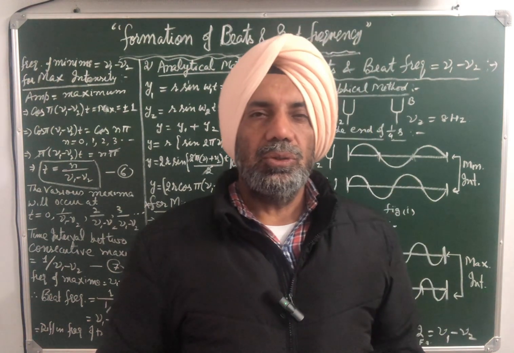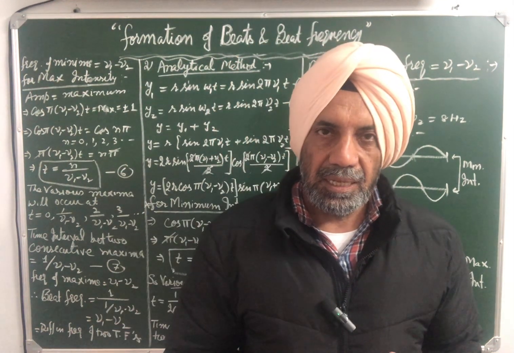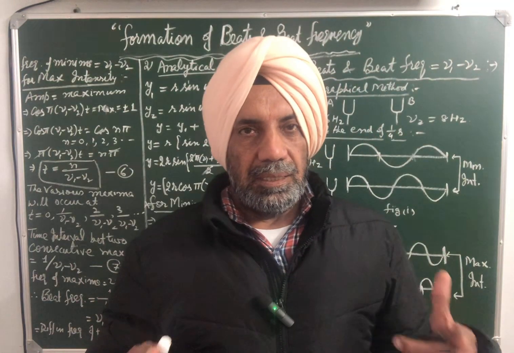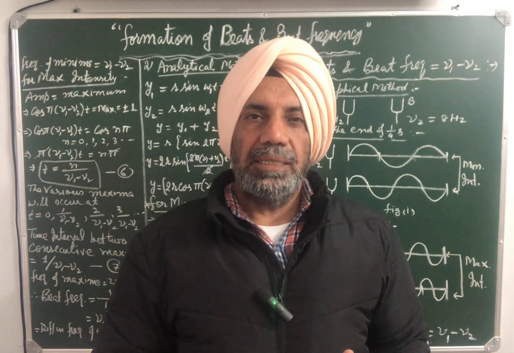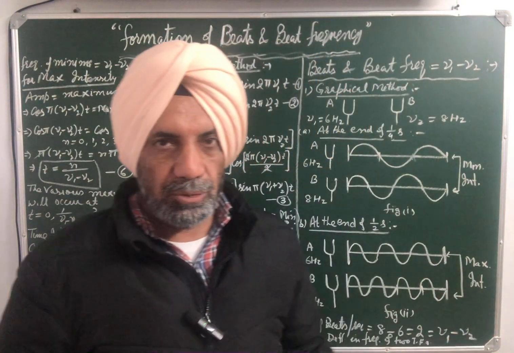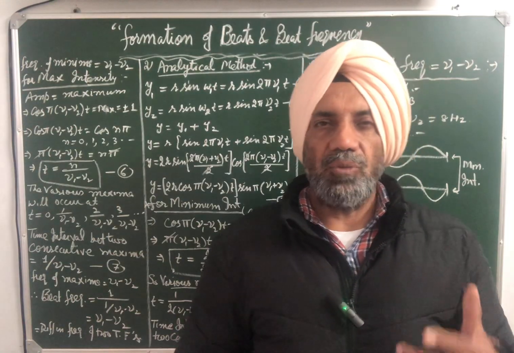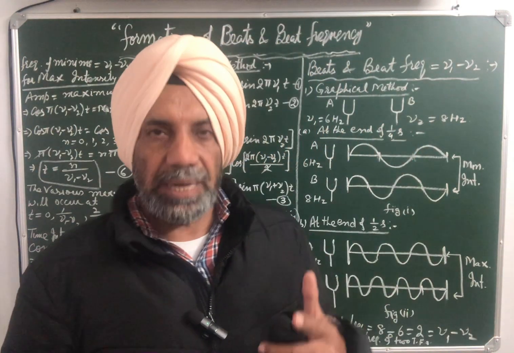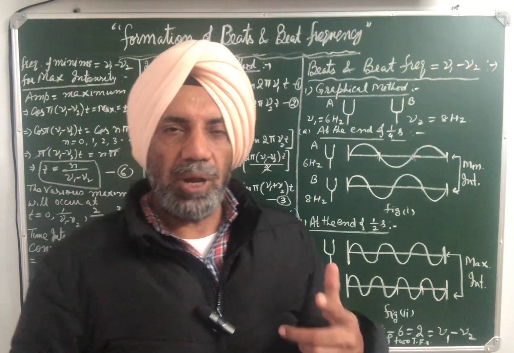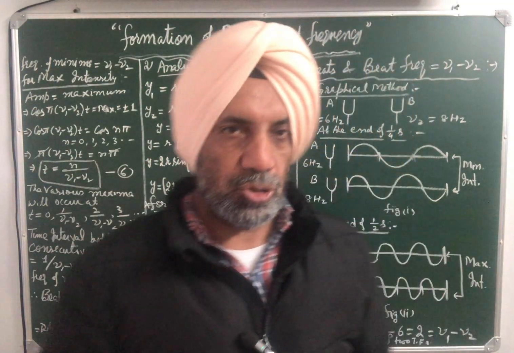When two tuning forks of slightly different frequencies are sounded together, we hear a series of rises and falls of sound, and this phenomenon is known as beats. The formation of one rise and one fall is called one beat, and the number of beats produced per second is equal to the difference in frequency of the two sources.